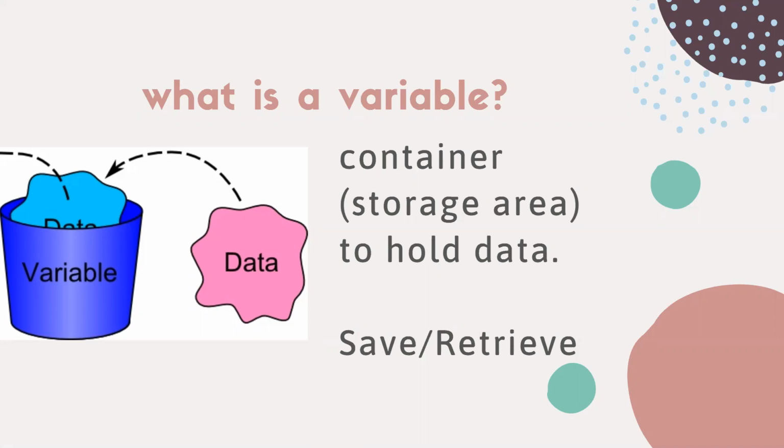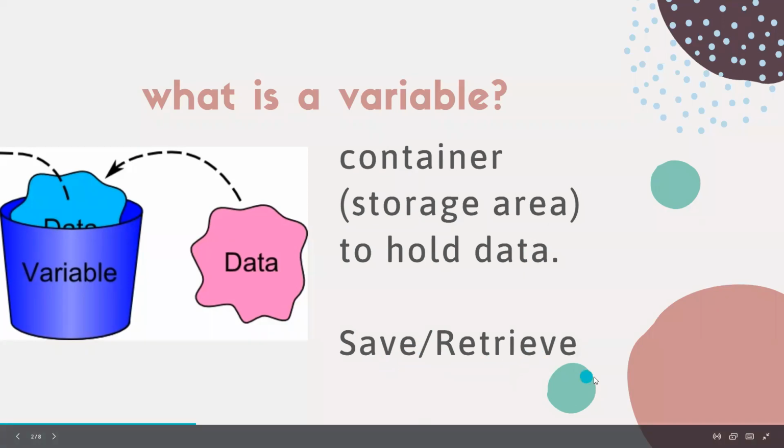Again, a variable is a container or a storage area to hold data, and you can save it and retrieve it. You can get it and you can display it.